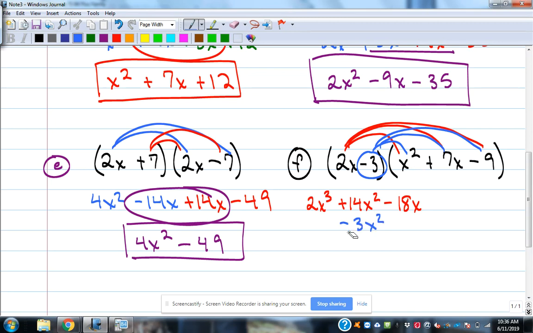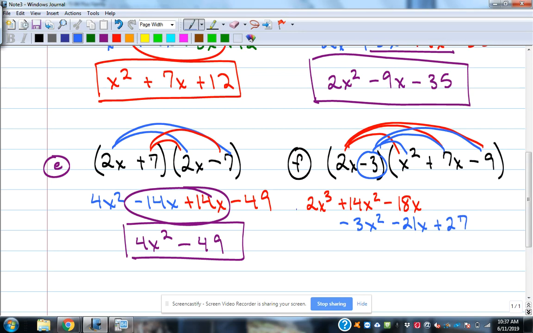I'm just going to stack it like that because I'm going to put like terms together before I'm finished anyway. This way you don't end up taking up two different lines that are not organized. You get your stuff together and it looks a little bit better. And then negative 3 times positive 7x would be negative 21x. And then negative 3 times negative 9 would be positive 27.